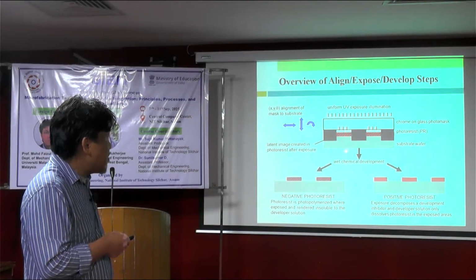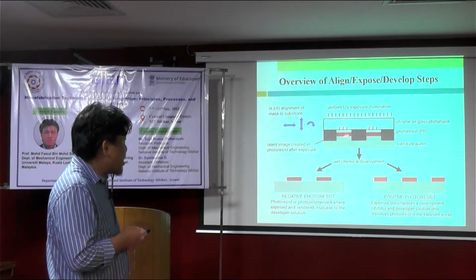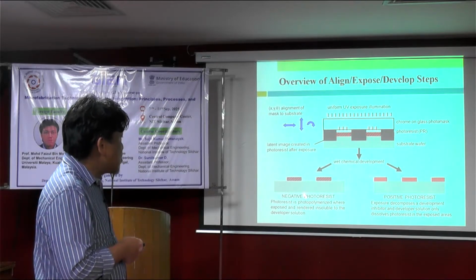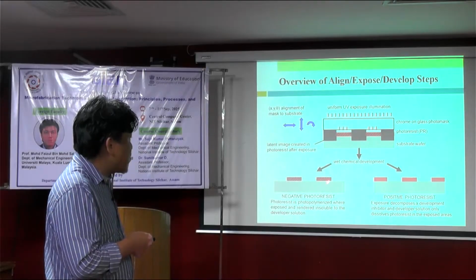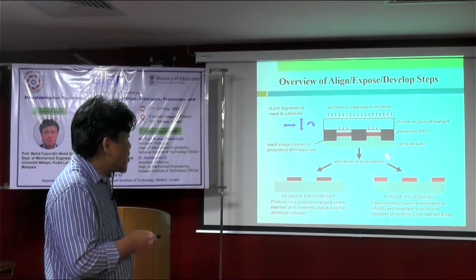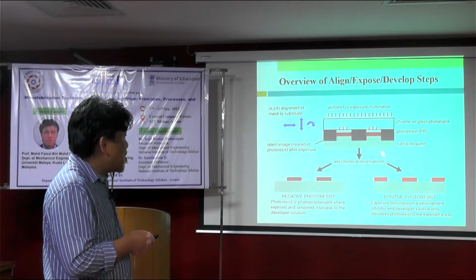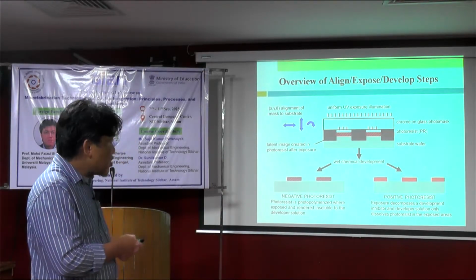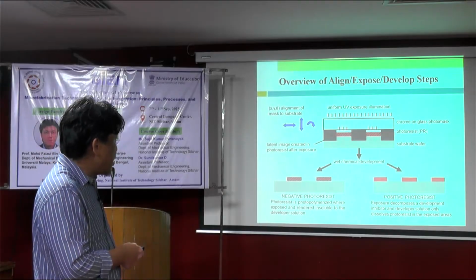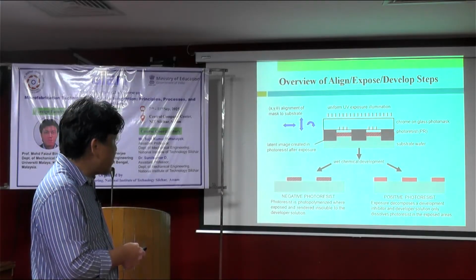So then it depends on what kind of photoresist you are using. If it's negative, you get this pattern. The exposed part will be the pattern. If it's a positive photoresist, the unexposed part will be the pattern, meaning the exposed part is removed. So this is, I mean, a repetition of what we have seen before.